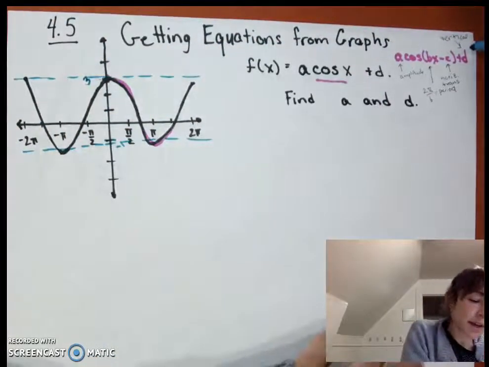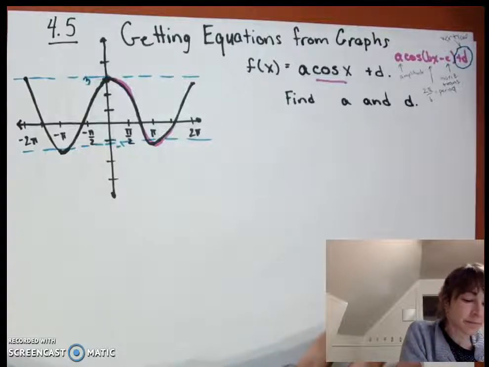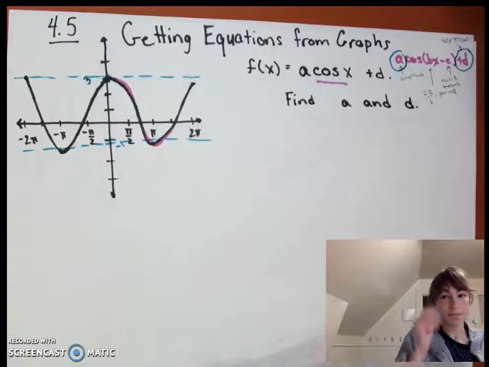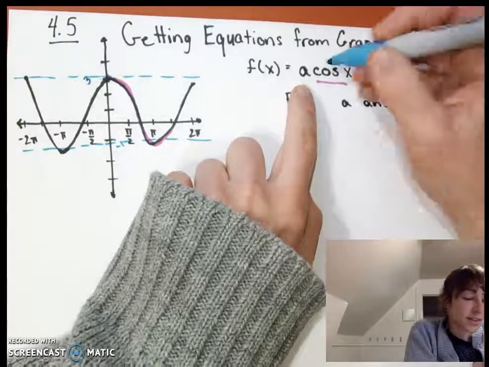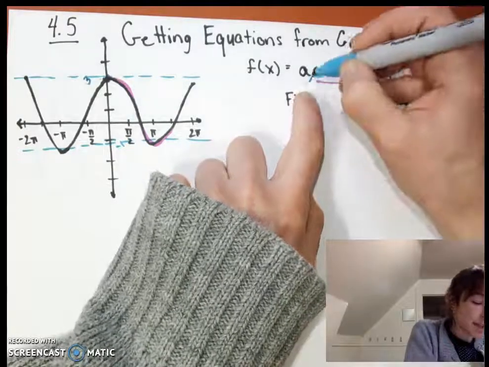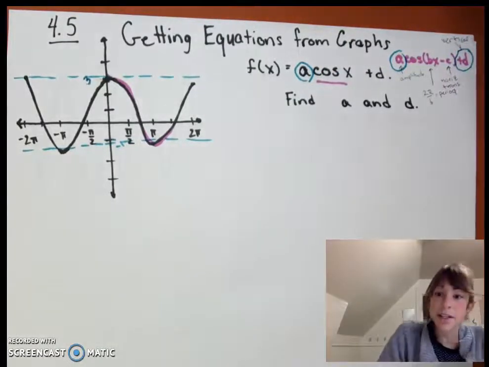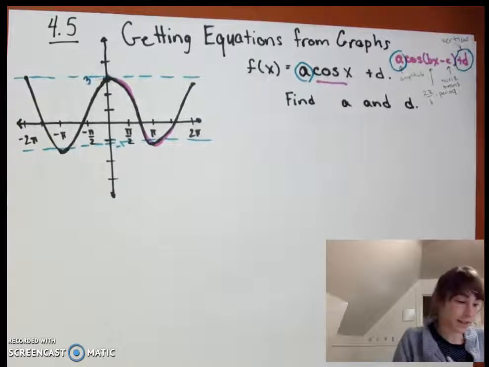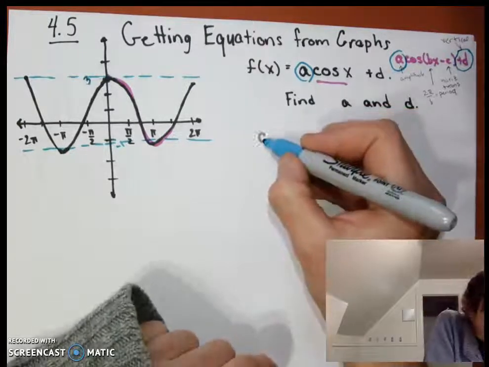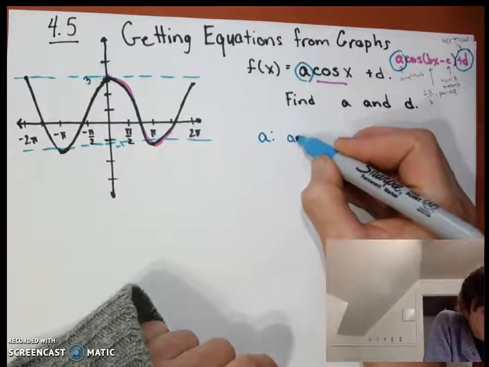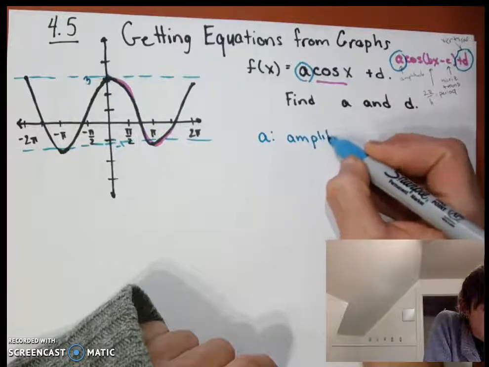So in this case, we know we have a vertical translation, and we could possibly have a change in amplitude. So we're trying to find this equation, a cosine x plus d. We don't need to find b or c because we haven't changed the period, nor have we translated left or right.